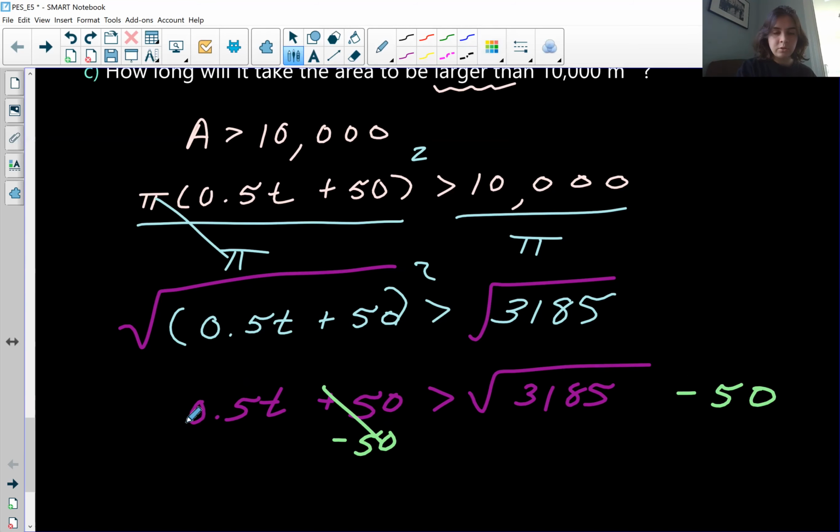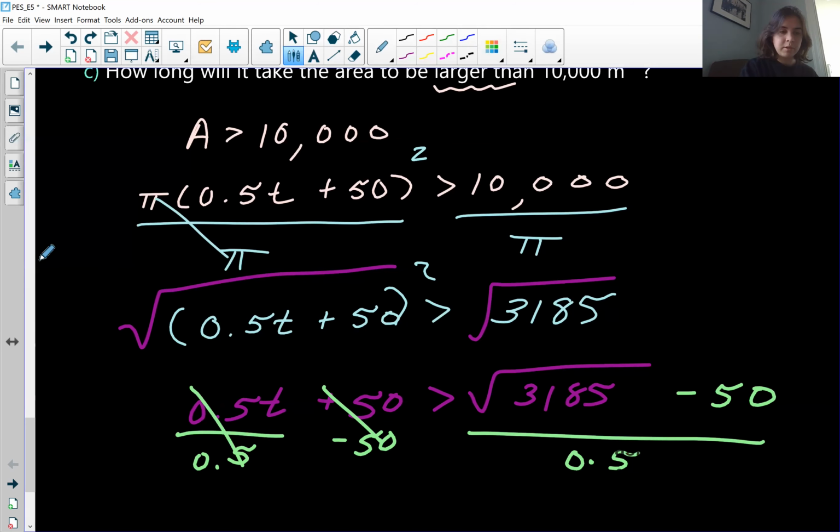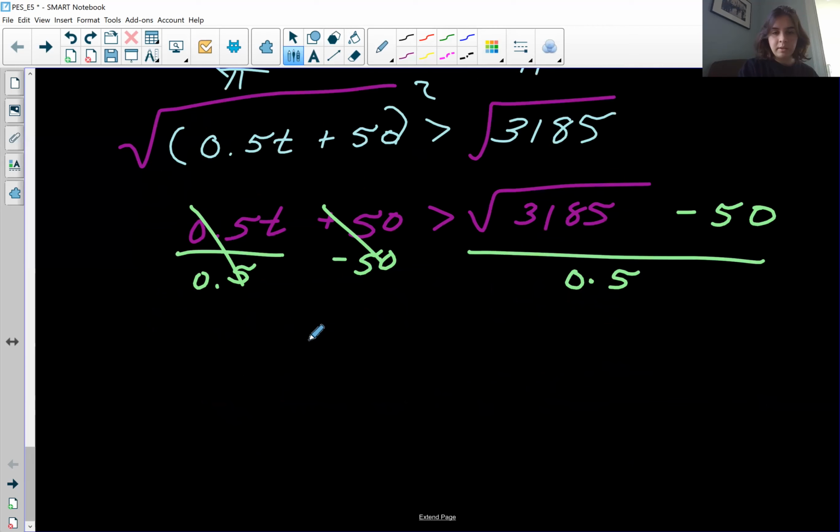Okay, and then after you do that, you would divide both sides by 0.5. And that would cancel out. So then you would be left with t is greater than, and then when you calculate all of that on the right, you're going to get approximately 30 seconds.